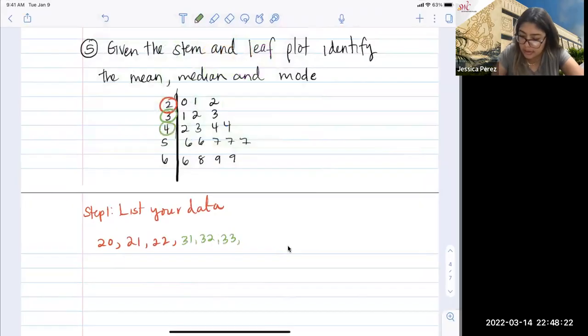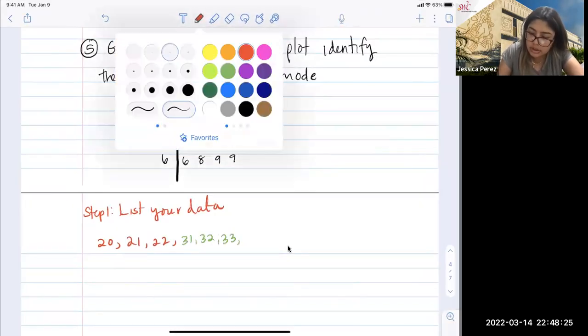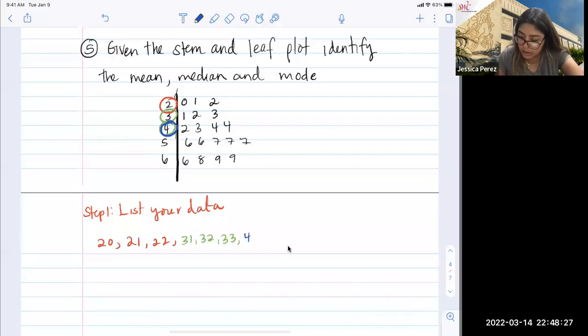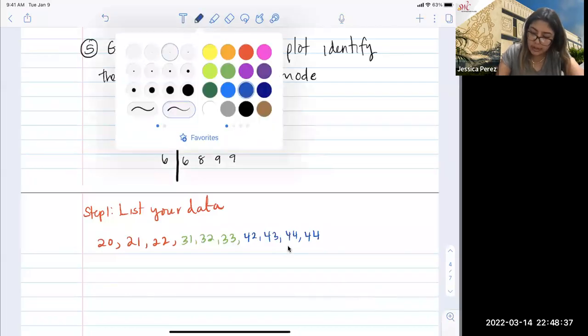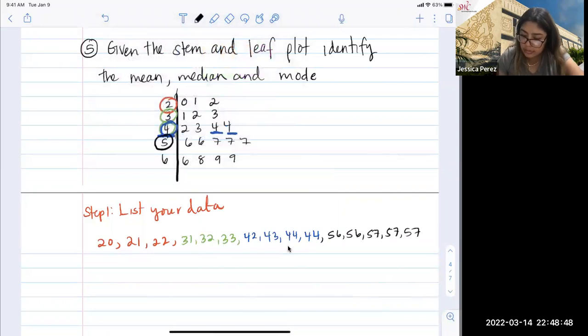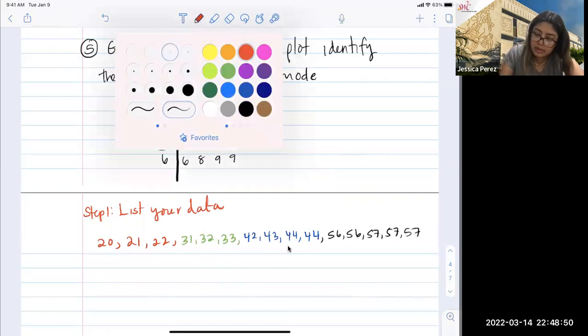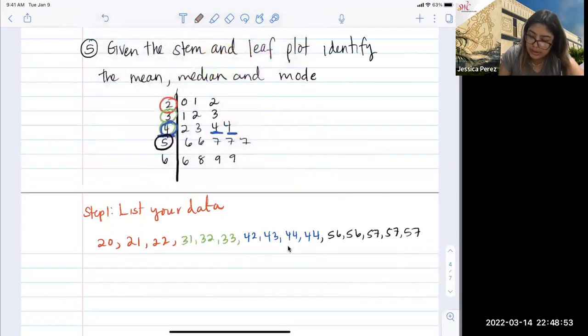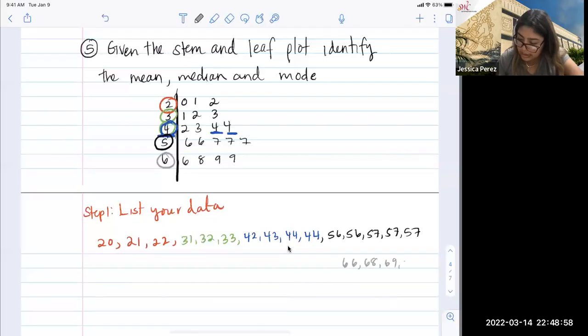The next one up is 42, 43, 44. There's two 44s here. Then you have the 5s: 56, 56, 57, 57, and then 57 again. Then you have the 6s, which is 66, 68, 69, and 69.